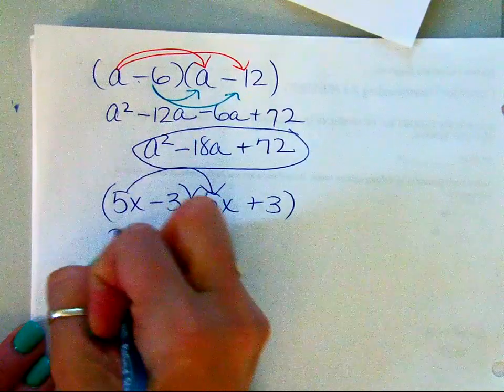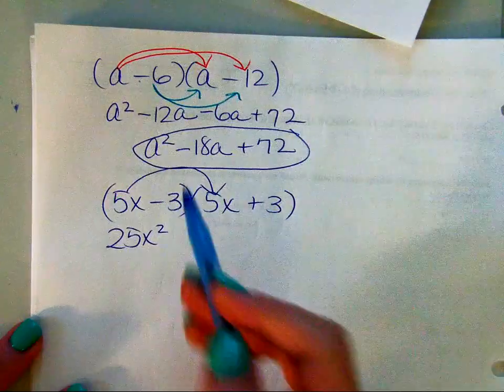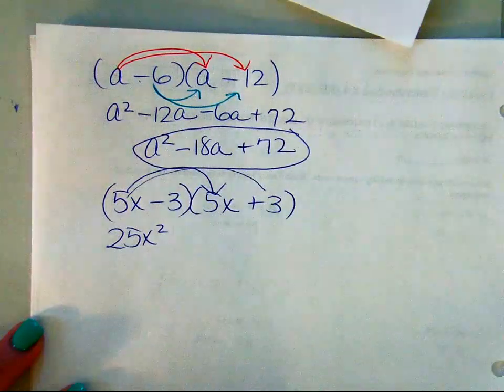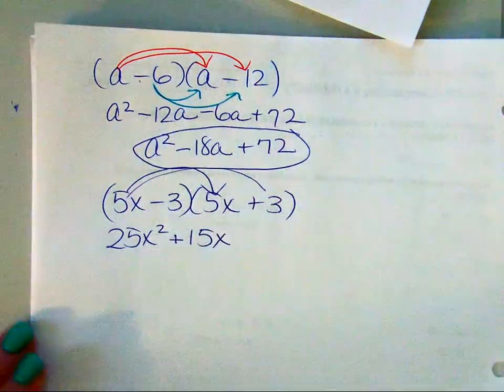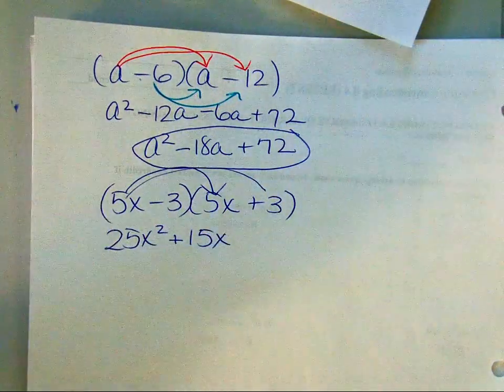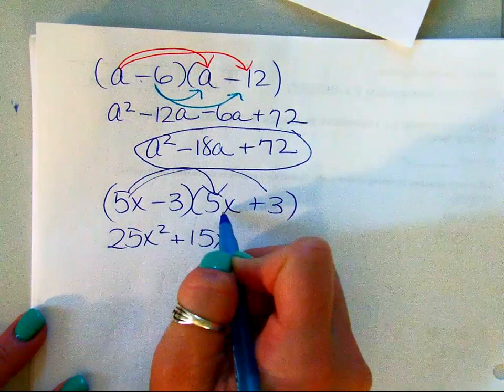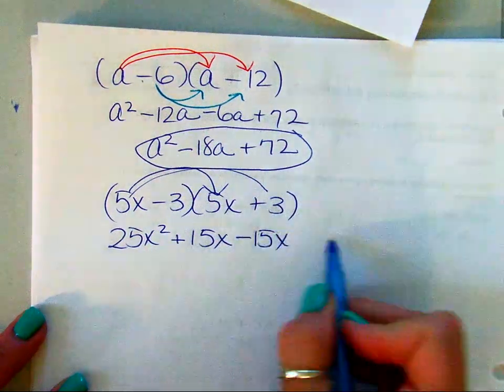Now let's do the 5x times the 3, and I'm going to get what? A positive 15x. And what am I going to get next? A negative 15x. Negative 3 times 5x is negative 15x. And what number do I have on the end now? A negative 3 times a positive 3 is a negative 9.